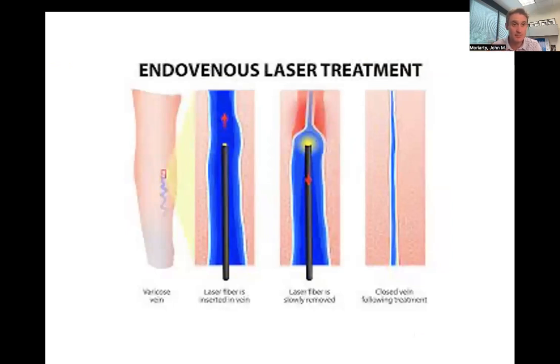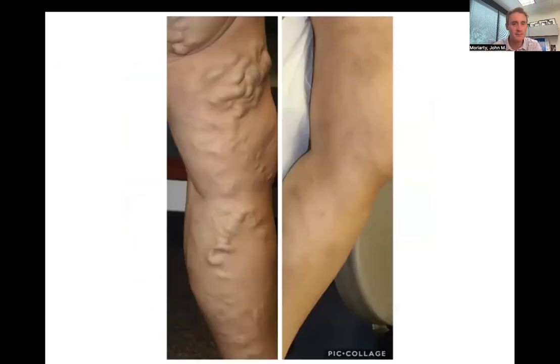So it's usually a day procedure, come in the morning, go home a few hours later. You run the laser in the vein, and essentially what the laser does is heat the inside of that leaking backwards vein so that it closes it. This prevents it from leaking backwards, and hopefully improves the varicose veins and the hypertension.